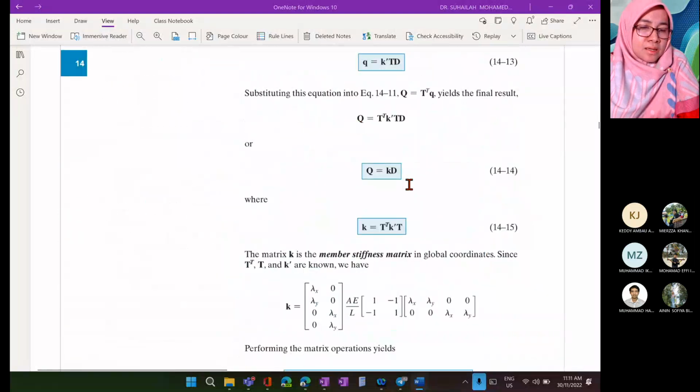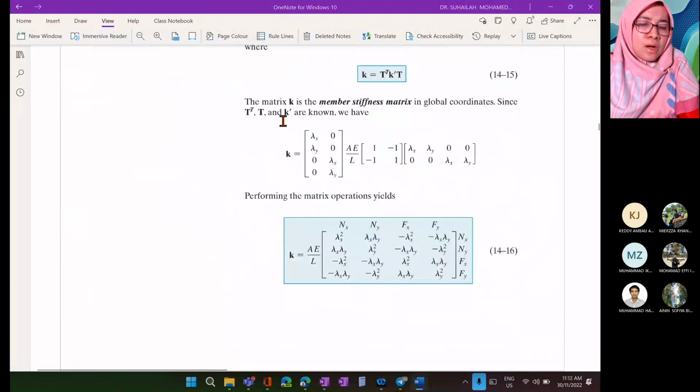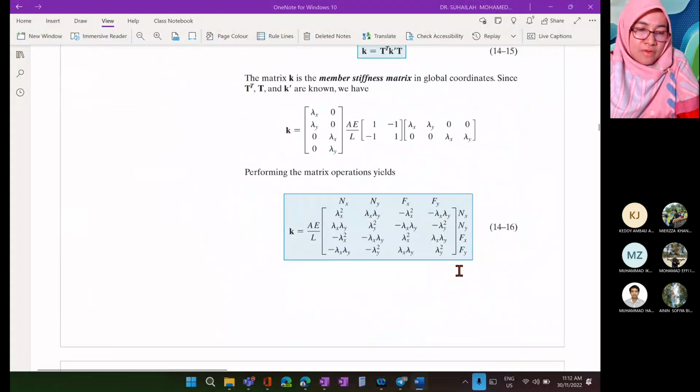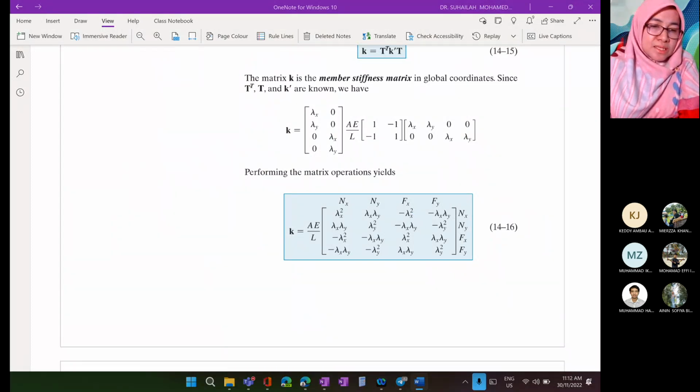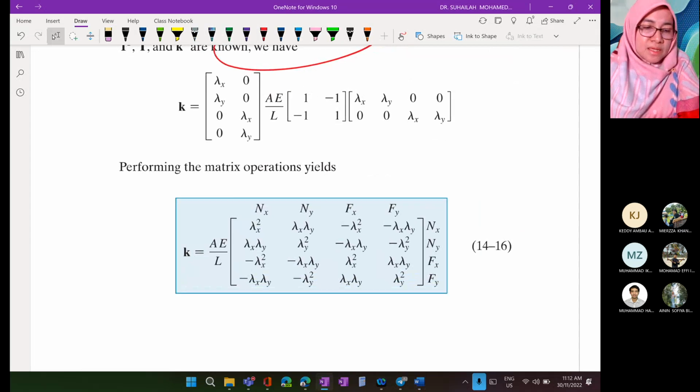Okay. So the explanation shown here is how this formula is derived. This is what we call the member stiffness matrix. Okay, we have a 4 by 4 matrix.